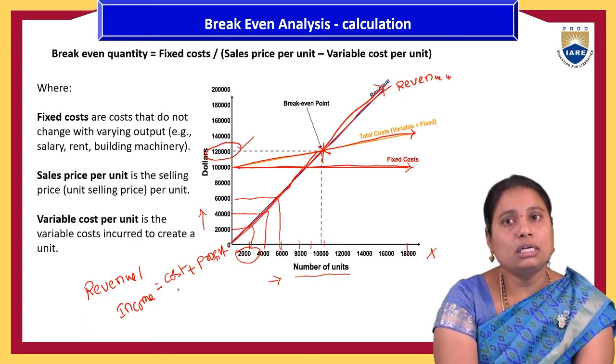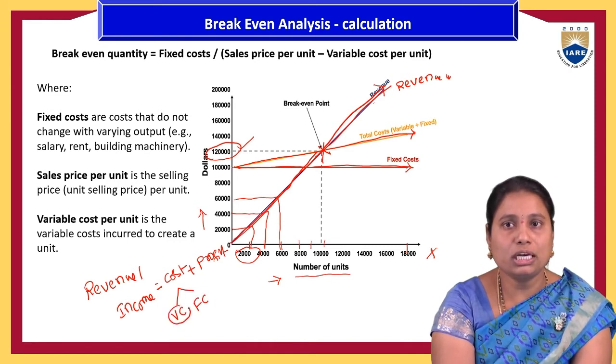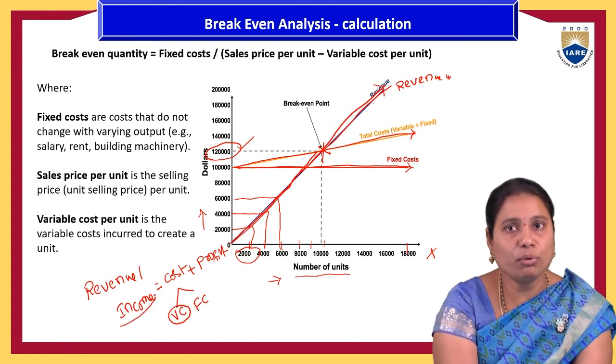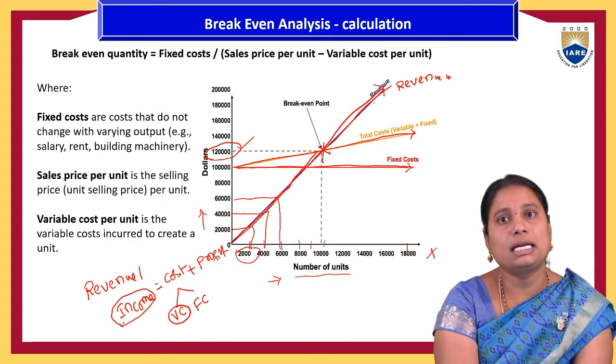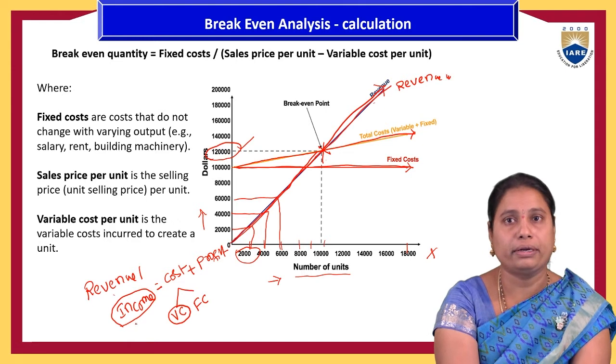So here the cost will be either variable cost or fixed cost. Income is the number of products sold by the producer and the revenue generated out of the sales of that product.